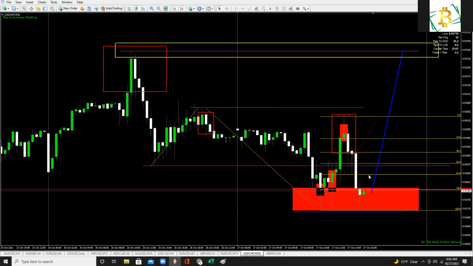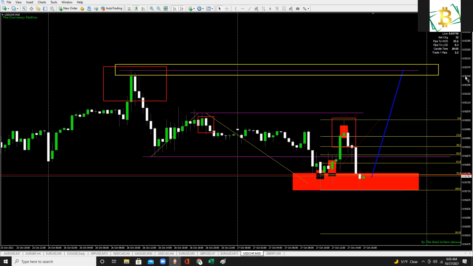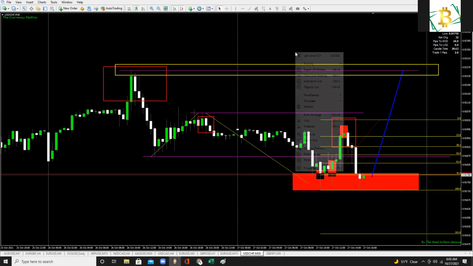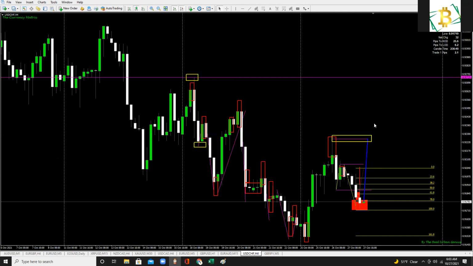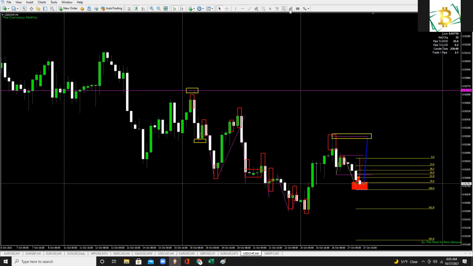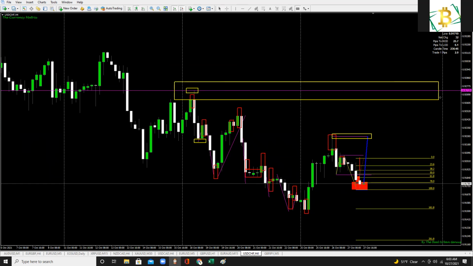This is yesterday's high of the day. Should take us back on up through there. That is about 50 pips right there, and that's just on a daily scale. If we look at the weekly on the 4-hour, we could potentially even come all the way up here.